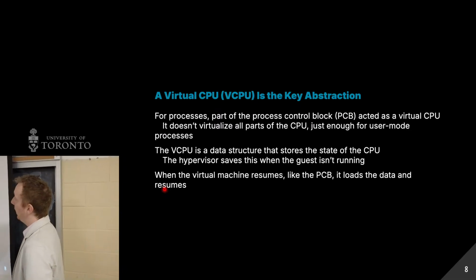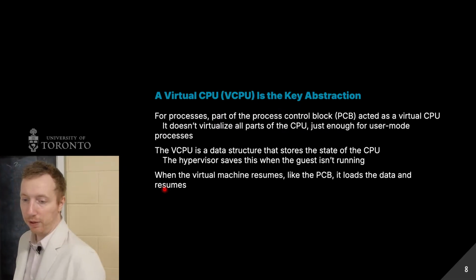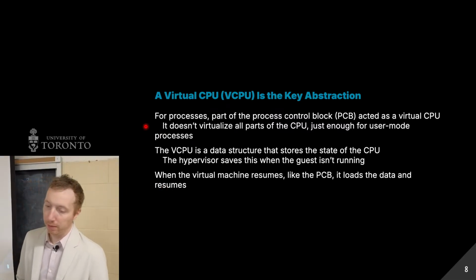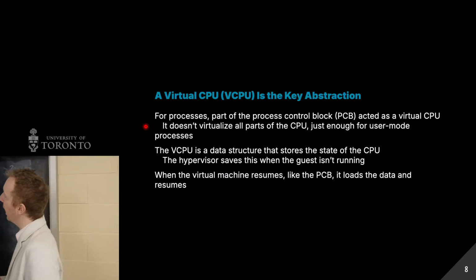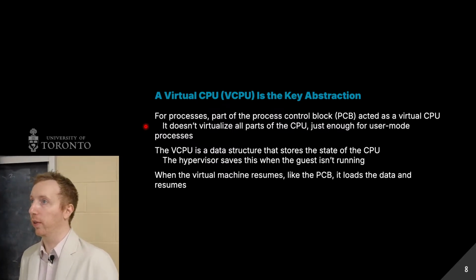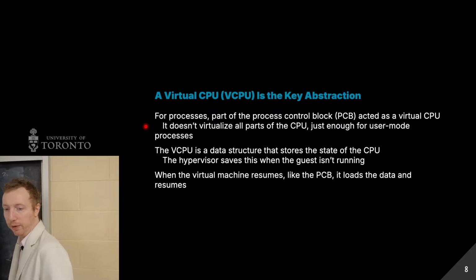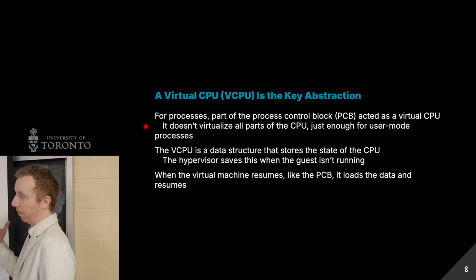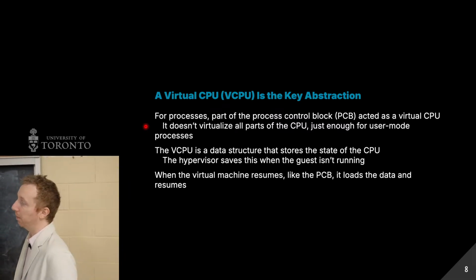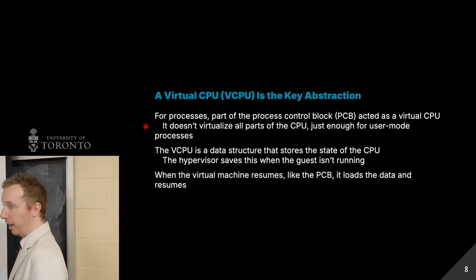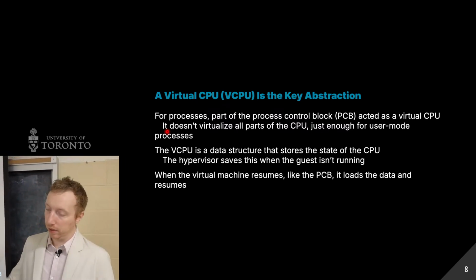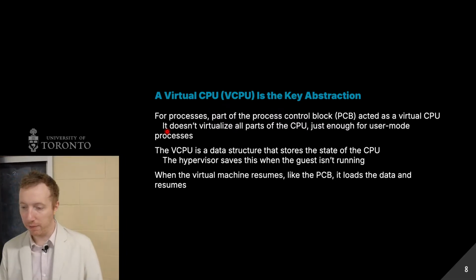So the key abstraction for this is something called the virtual CPU or vCPU. For a process, part of the process control block kind of acted as a virtual CPU, but it only saved the registers that were accessible in user mode. The virtual CPU actually represents the entire CPU. So it would include its own virtual copy of kernel-only registers. So again, processes just have enough space for user mode.